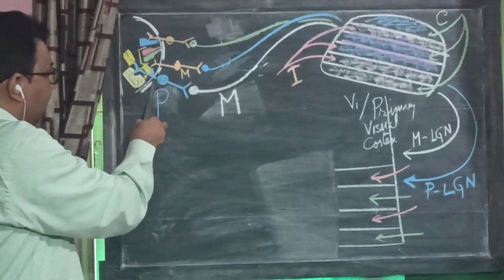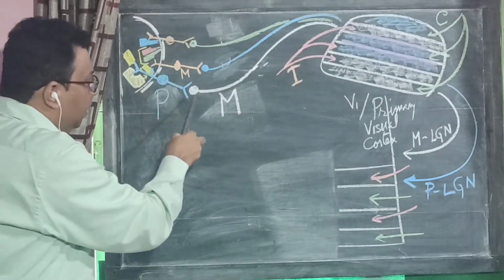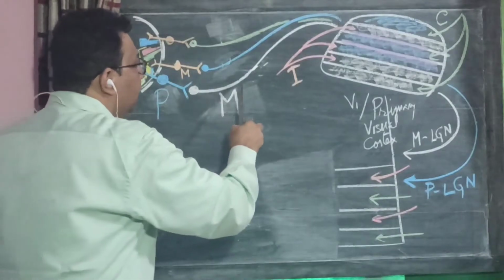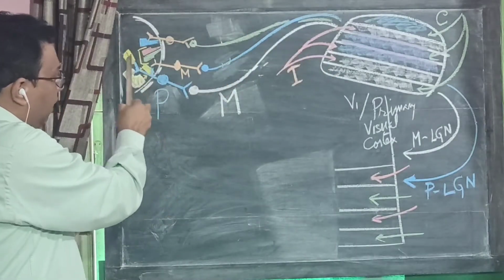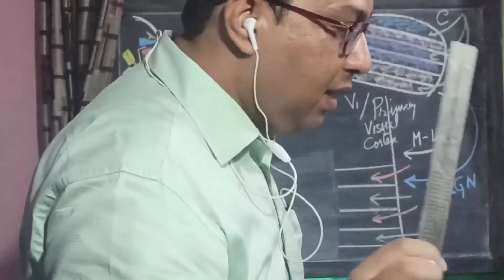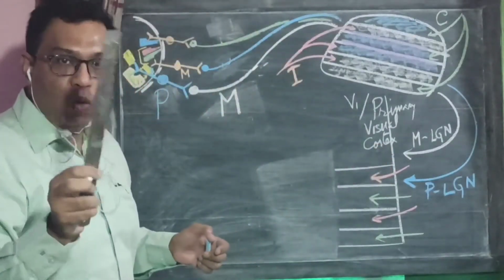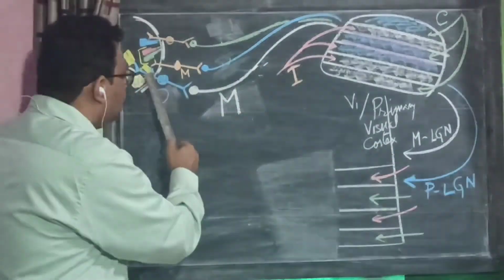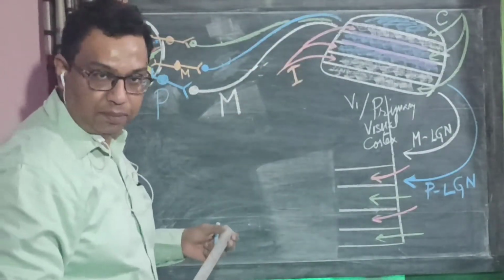So collecting light from many rods, this will be contributing to the formation of the magnocellular pathway. So this pathway is sensitive to light. This is sensitive to motion, and the pathway is very fast.